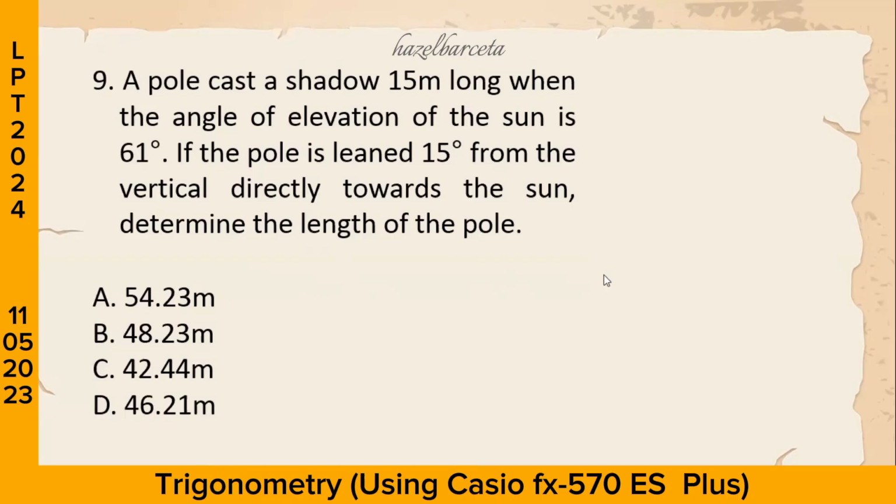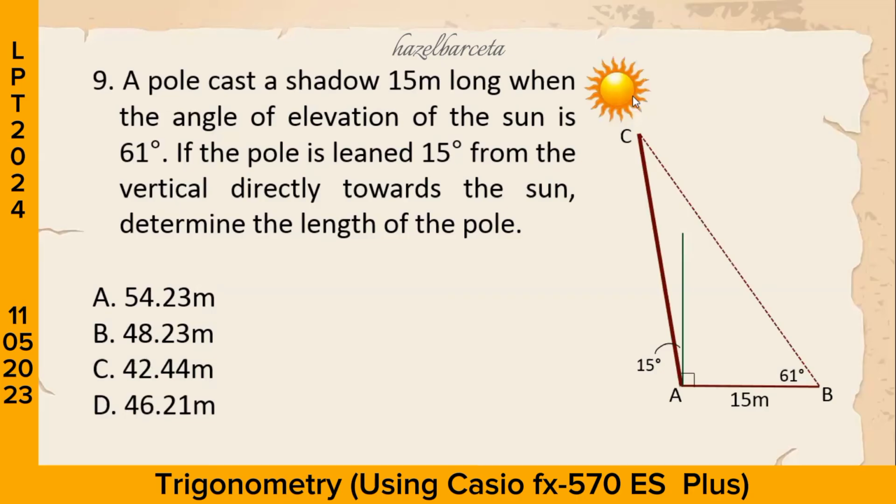Okay. A pole casts a shadow 15 meters long when the angle of elevation of the sun is 61 degrees. If the pole is leaned 15 degrees from the vertical directly towards the sun, determine the length of the pole. So this is it.